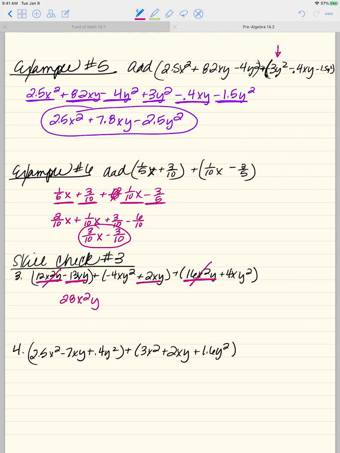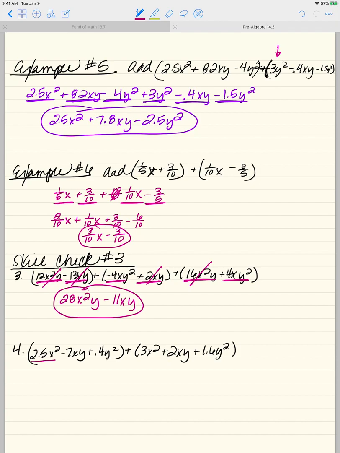So negative 13 plus 2 gives me negative 11xy. And then I have xy squared terms, negative 4xy squared plus positive 4xy squared. Negative 4 plus 4 is 0. 0 times xy squared would just be 0. So that term with the xy squared just completely goes away. And we end up with 28x squared y minus 11xy. That's as simple as possible.